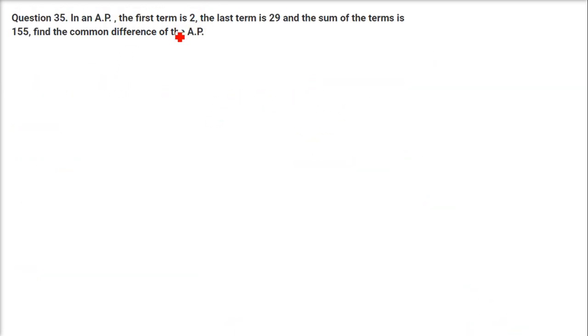In an AP, the first term is 2. So A is given as 2. The last term is 29. L, or the nth term, is given as 29. And the sum of the terms is 155. So Sn is n by 2. We can directly use A and L, right? A and L are already given, so you can directly use 2 plus 29.